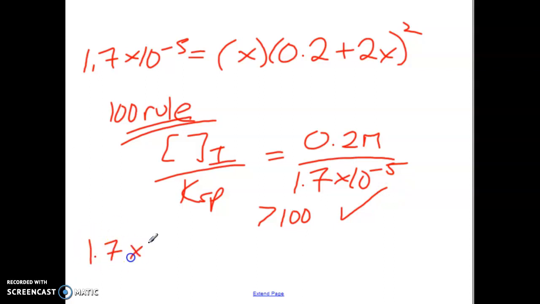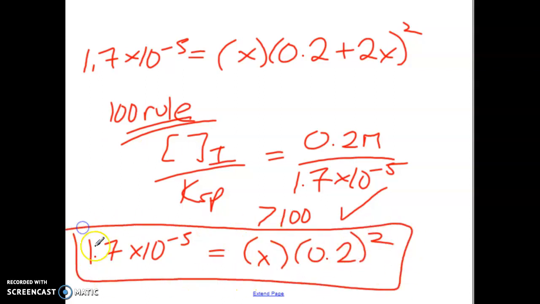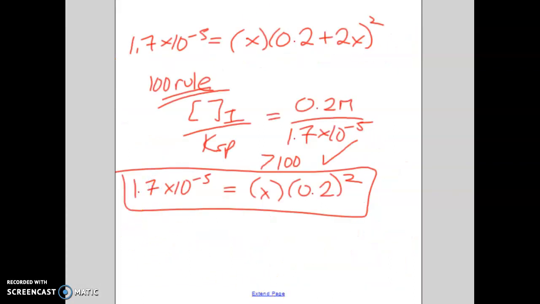That makes life a lot easier because when we go to solve for this, it's simply going to be Ksp equals x times 0.2 squared. When that happens, we can solve for x pretty easily. So our x ends up being, if you work that out, 4.2, I'm doing two significant digits here, times 10 to the negative 4 moles per liter.